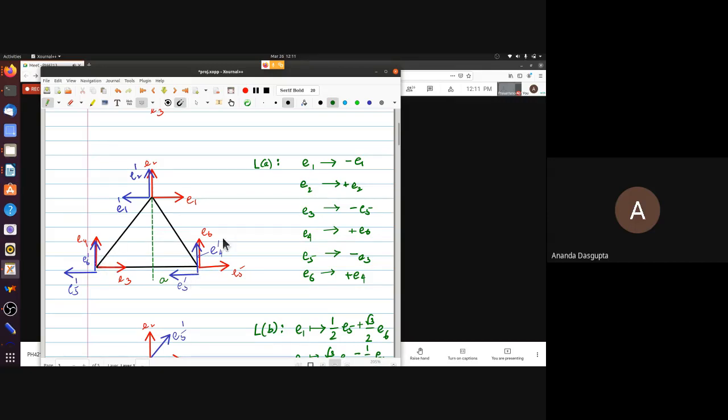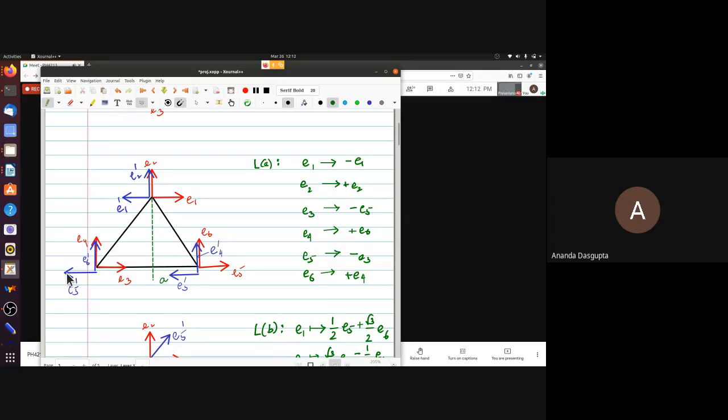Similarly, E4 becomes E6. E5, this vector under reflection along this vertical line becomes this one, which is minus E3, and so on. Using this, of course, you can figure out the full 6x6 matrix. In this case, the 6x6 matrix is a rather trivial, simple one.